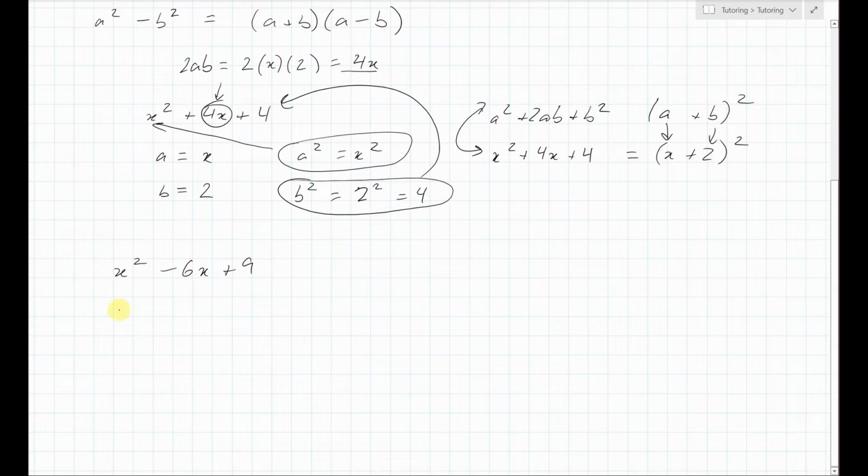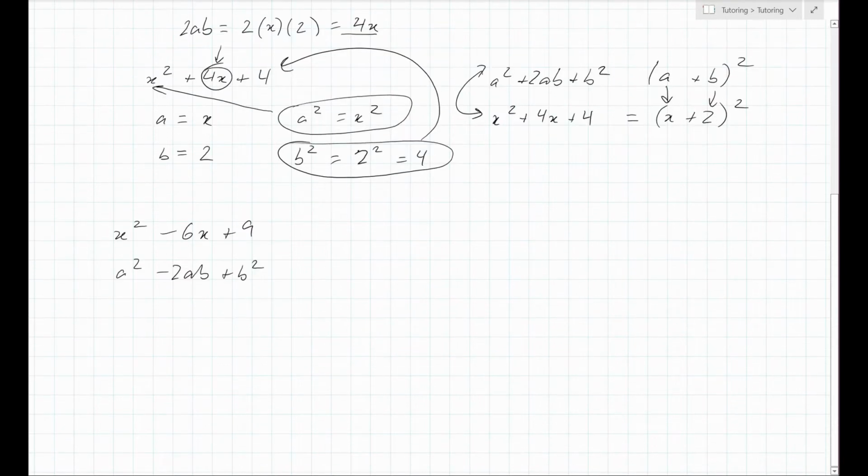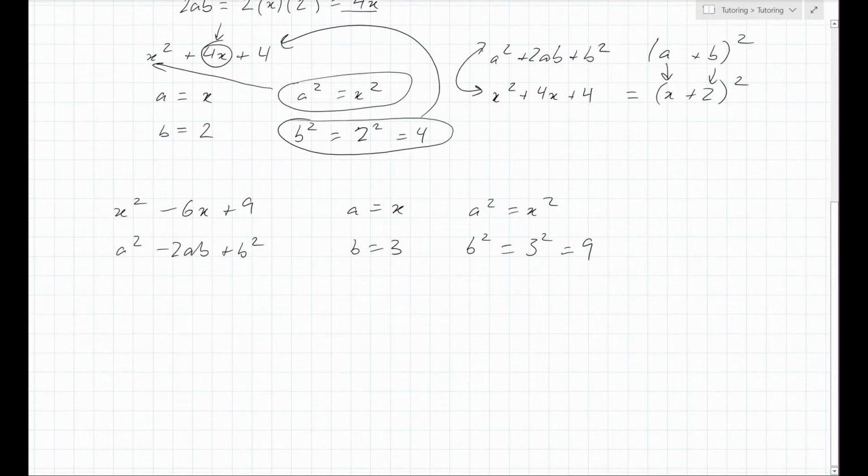Our next shortcut, we can try another problem like x squared minus 6x plus 9. So in this one, if we think about a squared minus 2ab plus b squared, we can think of a as x because a squared equals x squared, and then b equals 3, so b squared equals 3 squared, which equals 9, which is good so far. And then what about our 2ab?